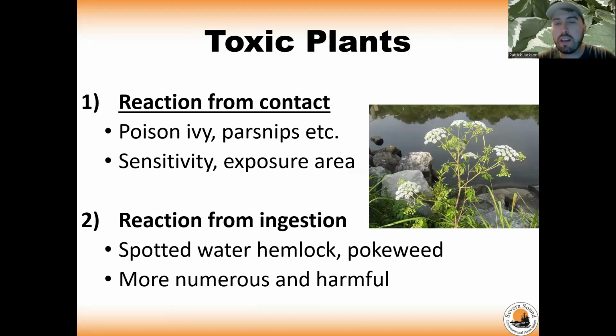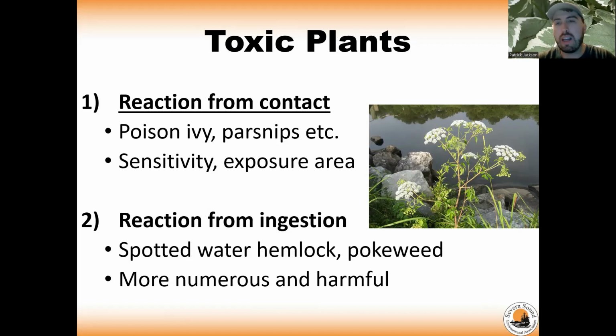Another thing that will be discussed quite a bit in this presentation are toxic plants. There's a lot of words out there: toxic, poisonous, venomous. So toxic refers to anything that can cause harm, essentially. So if you ingest it, or you come into contact with it, or you breathe it in, those are considered poisonous, aka toxic.